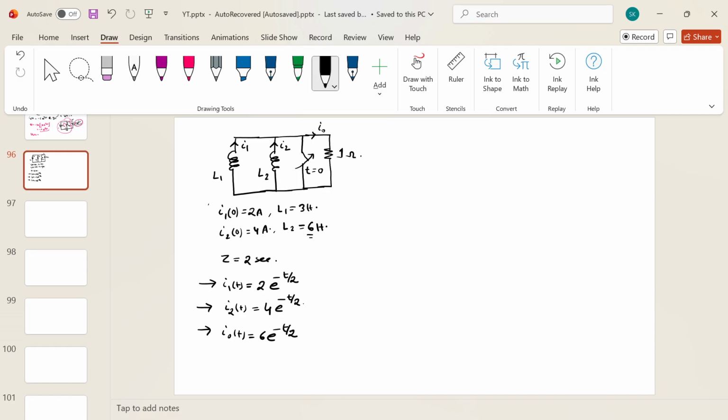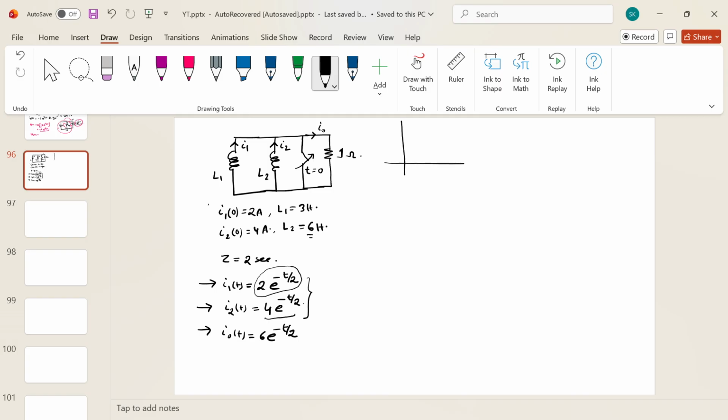Now, let me draw the waveforms. Before I draw, from these two equations, tell me which one will become zero very fast. See, one has an initial value of 2 ampere, the other has an initial value of 4 ampere. So it is clear that this particular quantity will become zero much faster than this one, right? This is the conclusion we need actually.